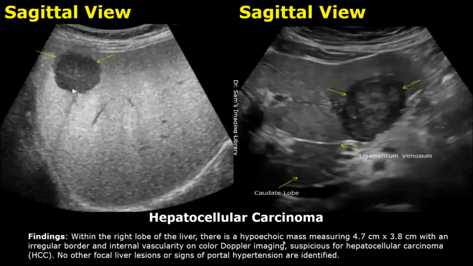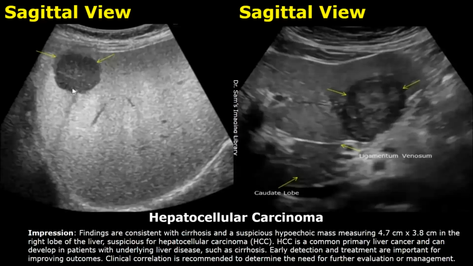These findings are suspicious for hepatocellular carcinoma. In this example, cirrhosis was also present, so it is mentioned in the impression, and the suspicious mass and its features are also mentioned. Clinical correlation is recommended to determine the need for further evaluation or management.